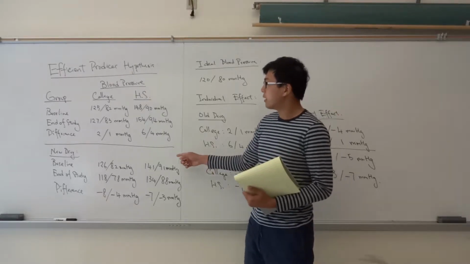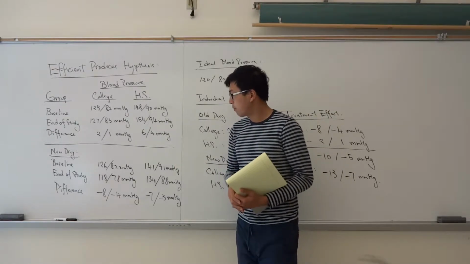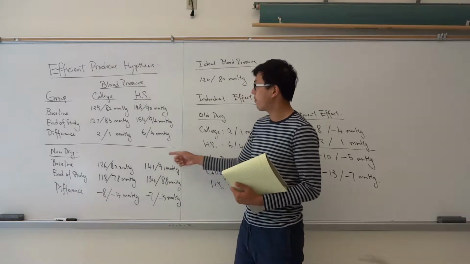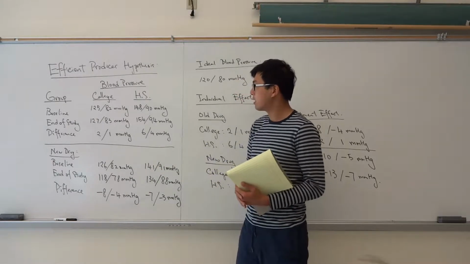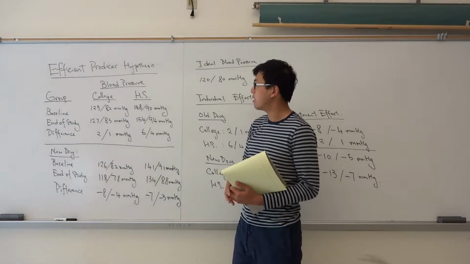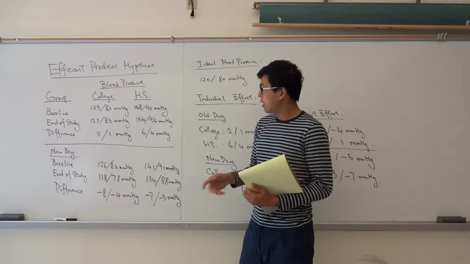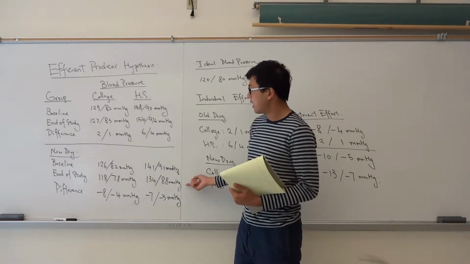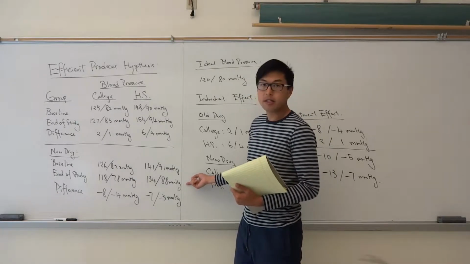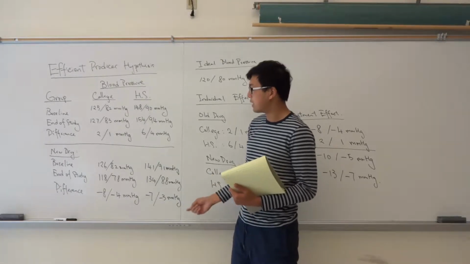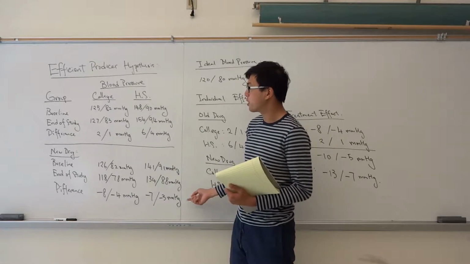Now take a look at the new drugs. The two populations share very similar backgrounds compared to the groups with the conventional drugs. After taking the new drugs for a period of time, we find this new drug has a significant effect on both groups.